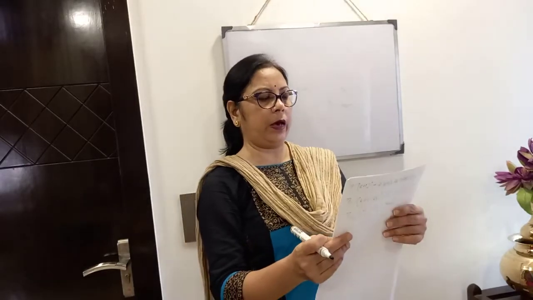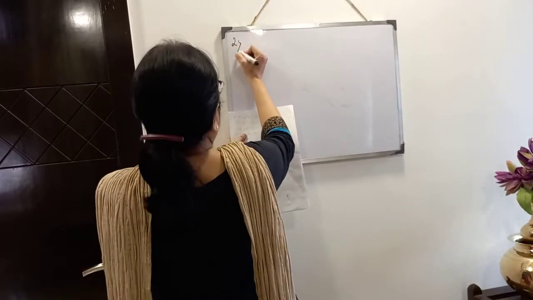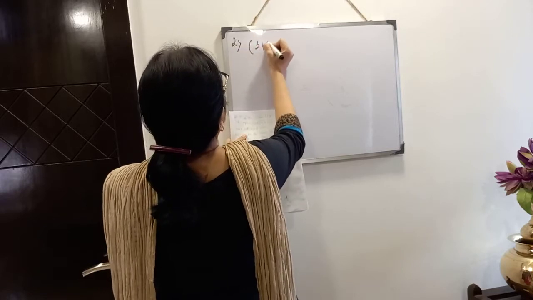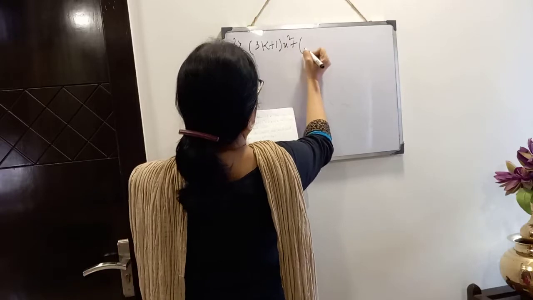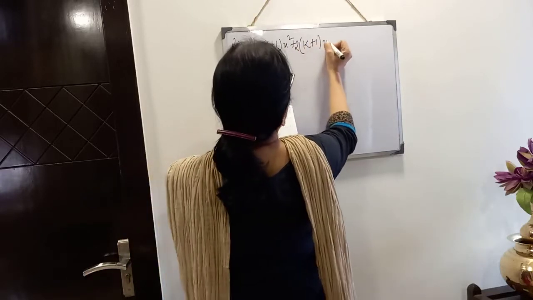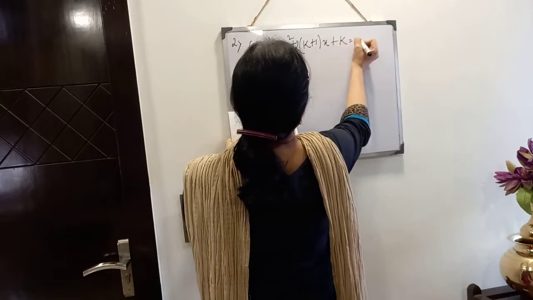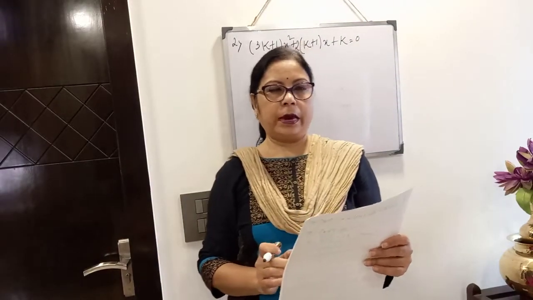Find the value of k for which the equation has real and equal roots. Okay. First I am writing the equation. It is told that k is unknown.